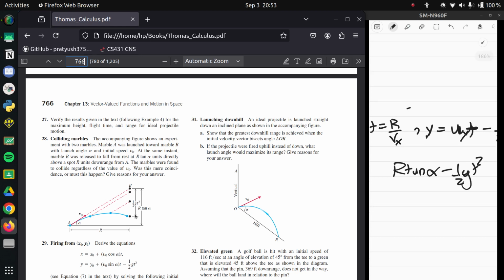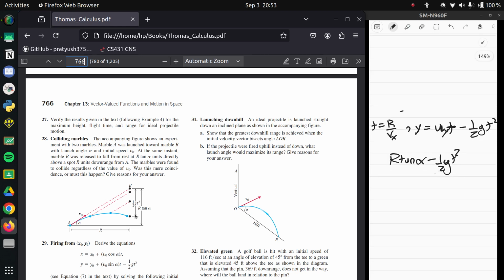So what we want is that these two should be the same. For that to happen, this cancels. Obviously that cancels. Oh, okay, yeah, right. So r tan alpha should be equal to, okay, that's obvious. This is not mere coincidence. This will always happen. The thing is, this value r tan alpha is what's causing this to happen.